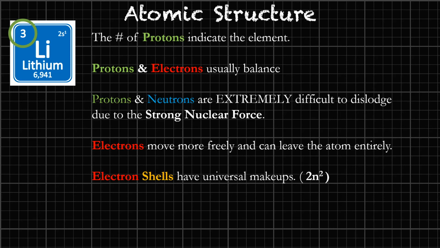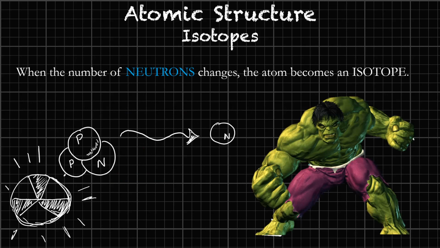Now, where we said the number of protons indicates the element, gives the atom its identity, the neutrons can be variable, although we have some very interesting reactions. When a neutron leaves an atom or there's an imbalance from its typical format, it becomes highly radioactive, and we call this structure now an isotope.